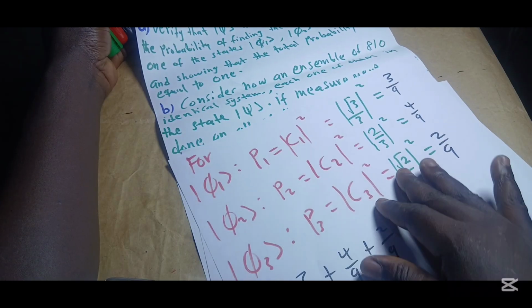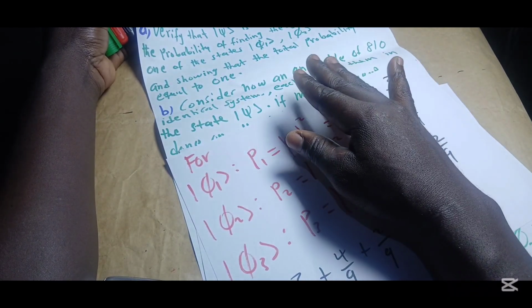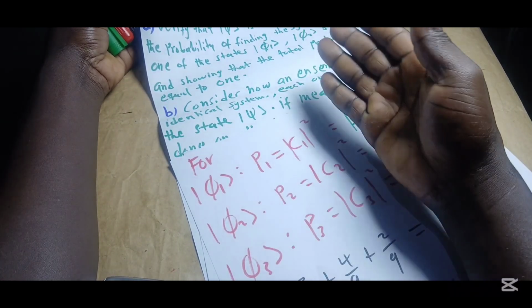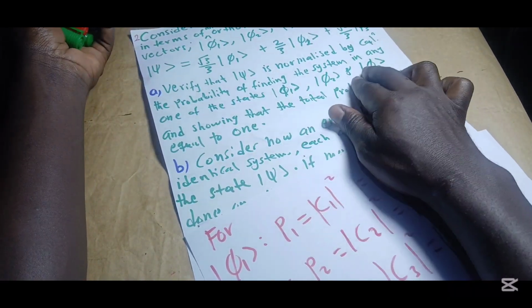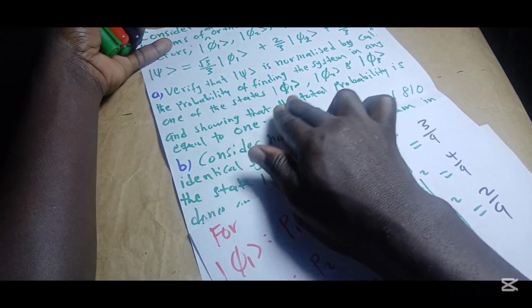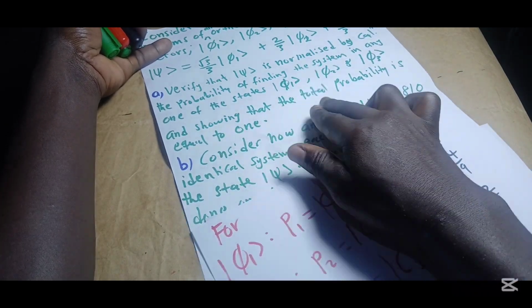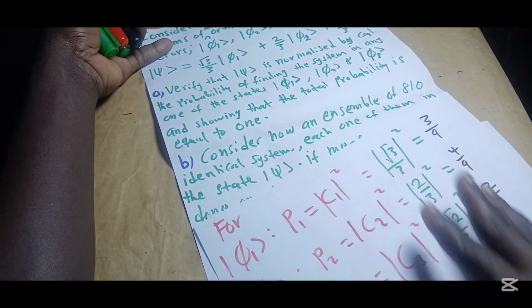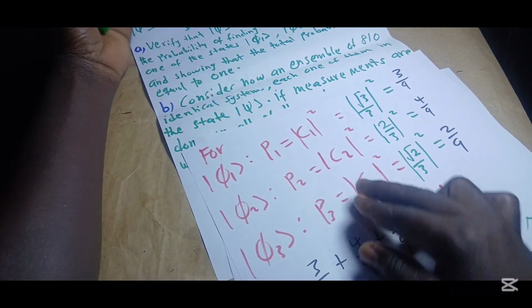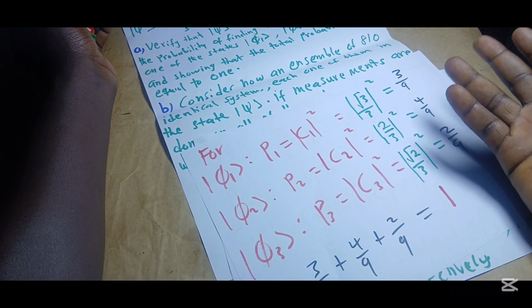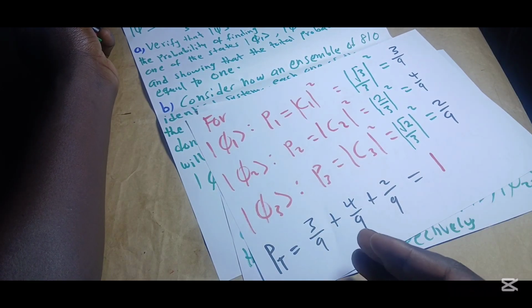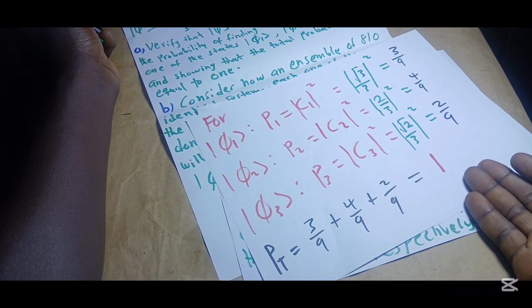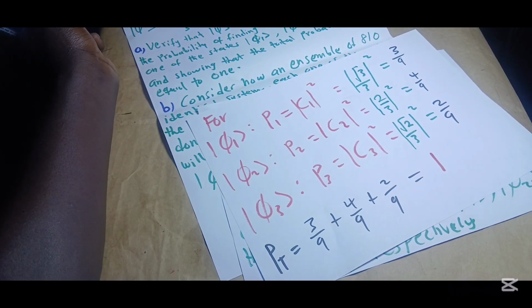We should verify that psi is normalized by calculating the probability of finding the system in any one of the states and showing that the total probability is equal to 1. In this case, we've calculated the probability contribution of each phi, and now we add all their contributions and it gives us 1. So that is it for part A of the question.